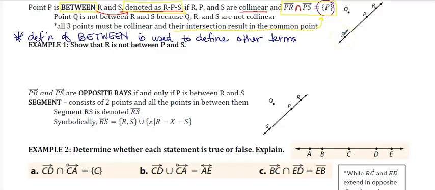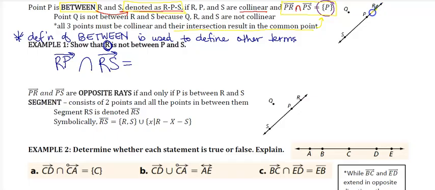But if we were to take this idea of writing this, we're kind of checking if R is between. So we would say, okay, well, ray RP, what's the intersection of ray RP and ray RS? What does that equal? Let's think about this.